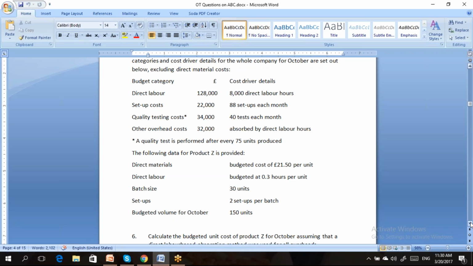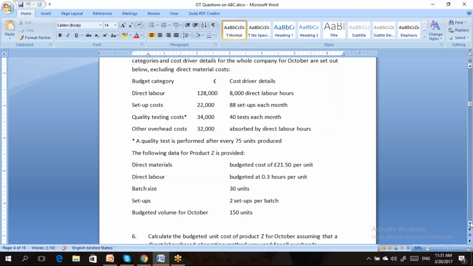Quality testing cost is 34,000. You put 30. Why? Must be careless. And even the division is careless. The calculator also has been a little bit careless. 34,000 divided by 40 should be 850.